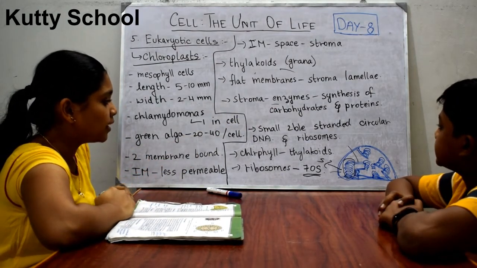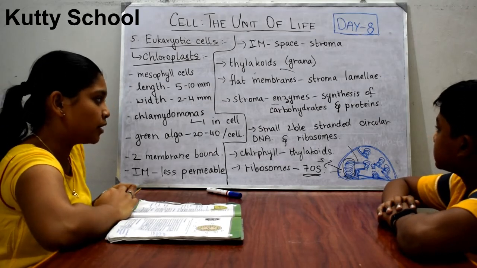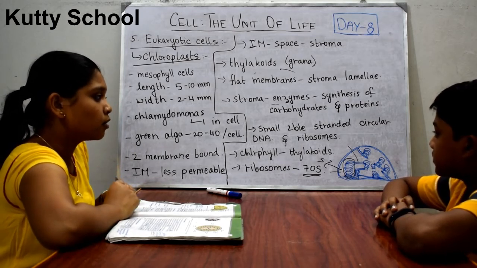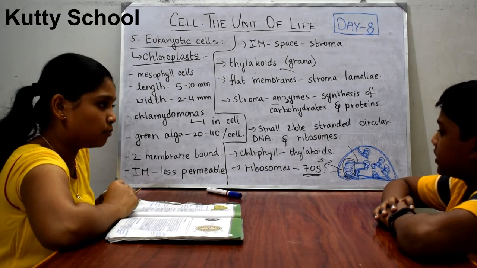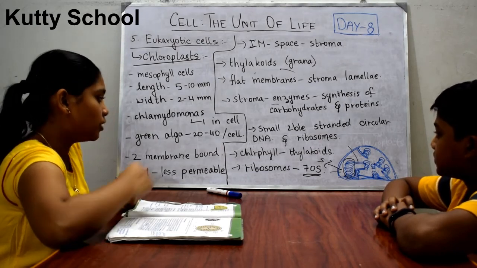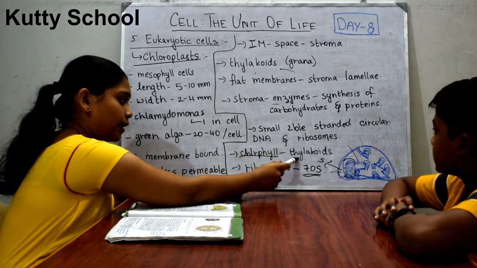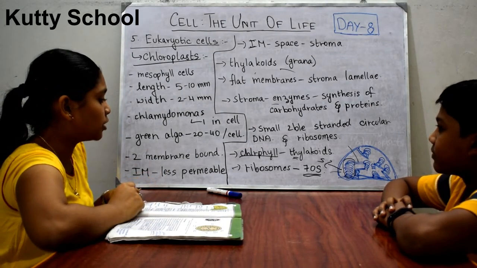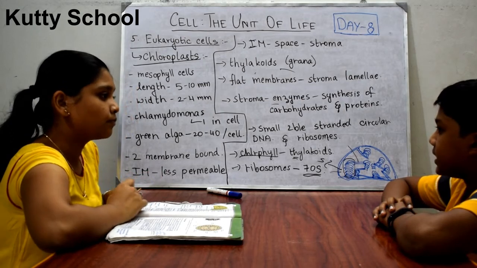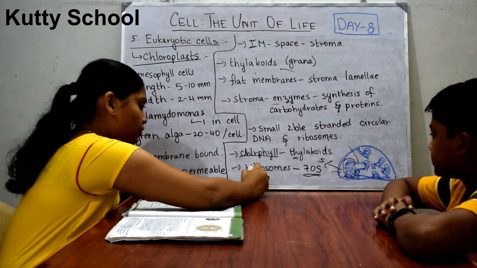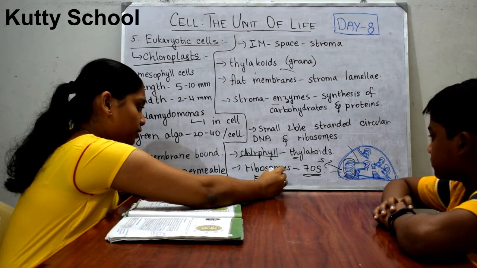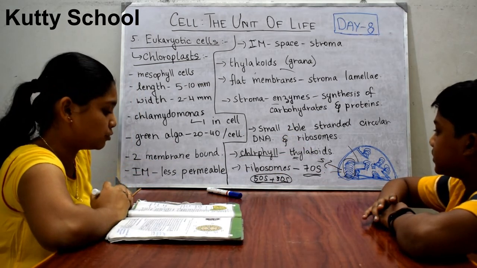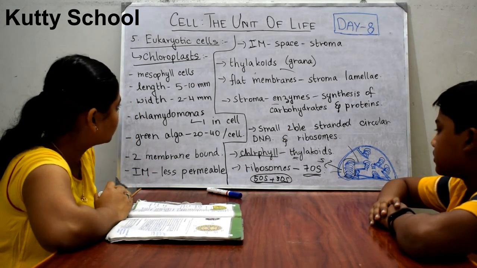Inside the stroma there are small double-stranded circular DNA molecules, and ribosomes are also present, as we saw earlier that chloroplasts and mitochondria have ribosomes within them. The pigment chlorophyll is present mainly in the thylakoids. The ribosomes here are 70S ribosomes, made up of 50S and 30S subunits, as we saw last time. So this is about chloroplasts.